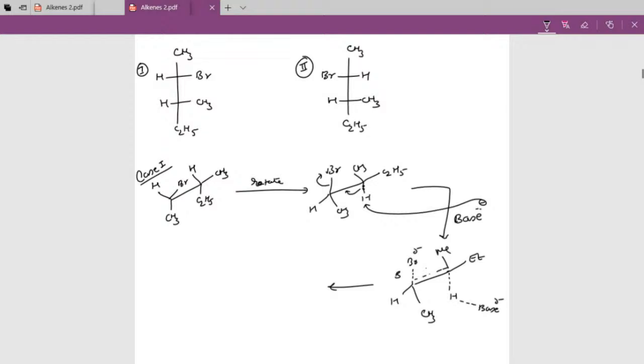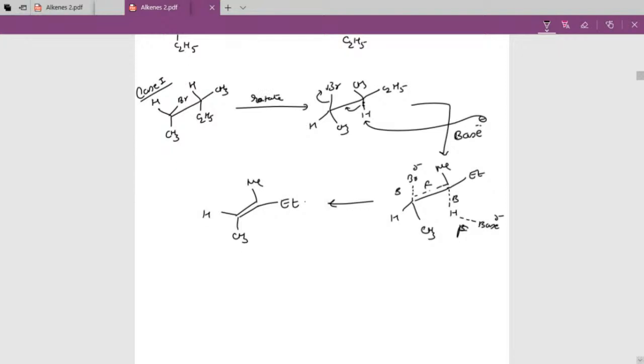This bond is forming and breaking. So when this completes, I will have H, CH3, Me, and Et as my final products. Okay, I hope it is clear. Now, coming to case 2.